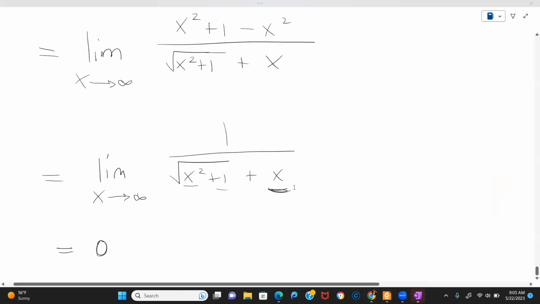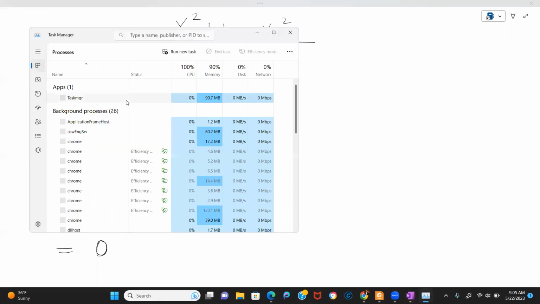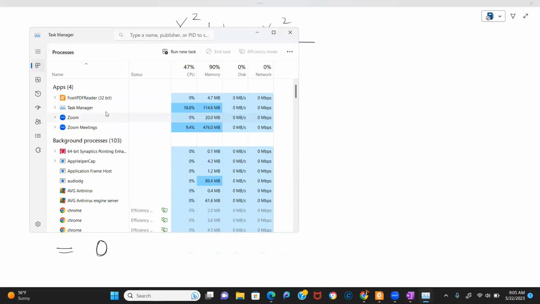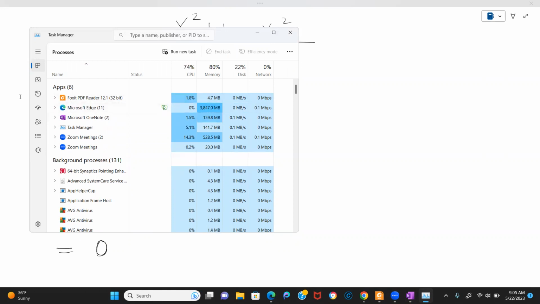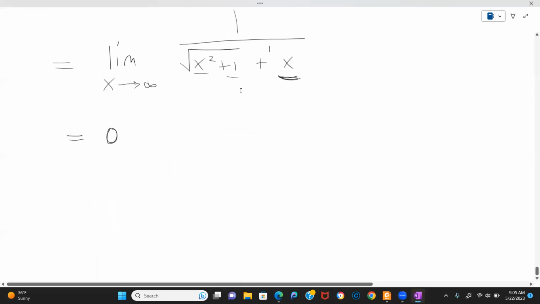I don't want my computer to be overloaded, so I got to close Google. So let me end this task. All right. Hopefully that helps a little bit.